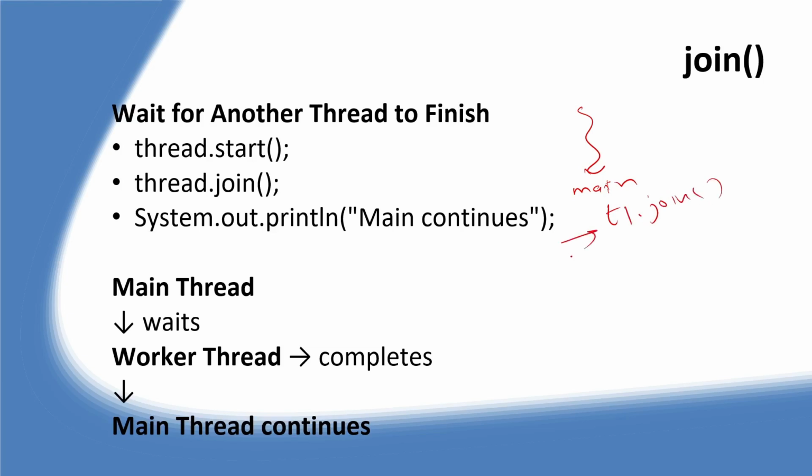At this line of execution, the main thread will wait until this thread terminates or completes. Then the main thread will continue its remaining lines of code. That is the use of join.